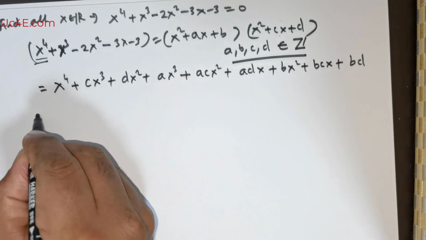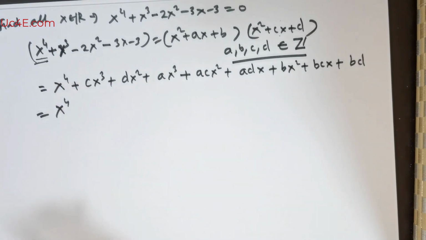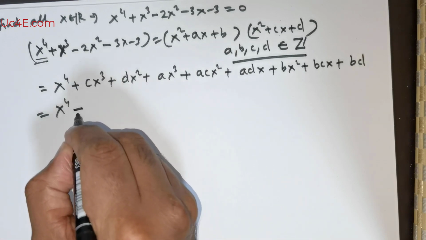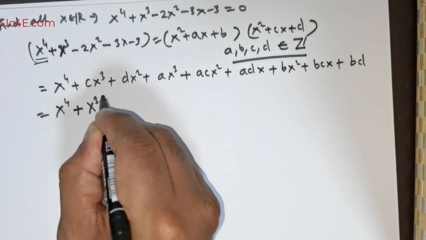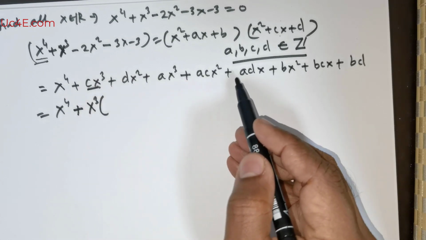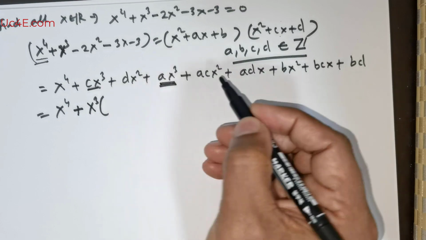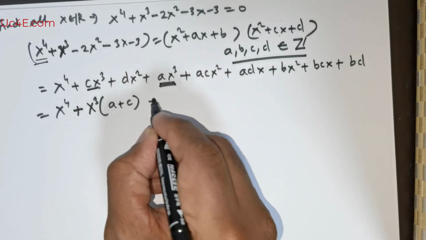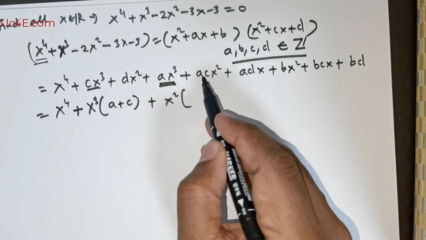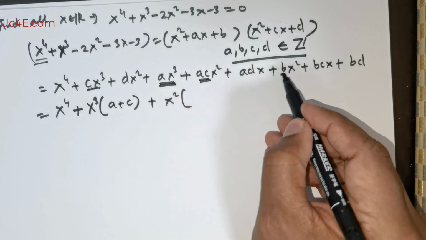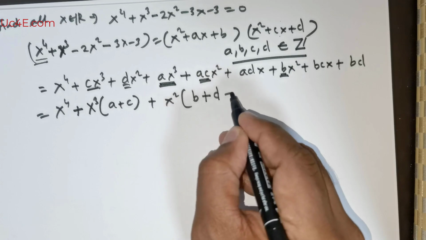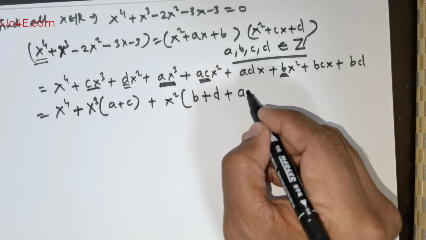Now I would like to club the quantities of x cubed, x squared, x, and the constant term, and write the terms in the following fashion. After x to the power of 4, I get x cubed. In x cubed, I have an x cubed here, c, and is there any other x cubed? I've got another x cubed here. So let me write it as a plus c, followed by x squared. In x squared, I have got an ac term, a b term, and a d term. So let me write it as b plus d plus ac.